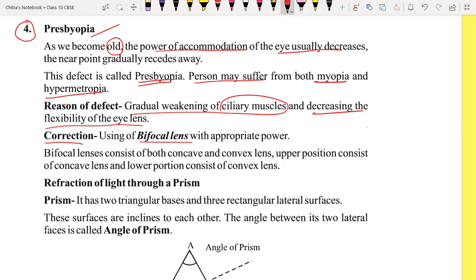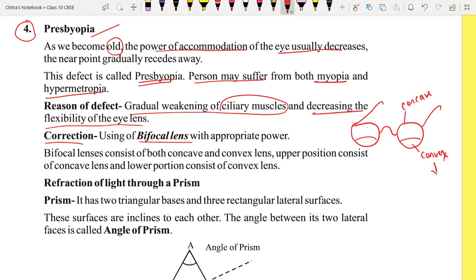Have you seen Gandhiji's spectacles like this? Yes, sir, they have both convex and concave in them. At the lower portion the convex lens is present, and the upper part has the concave lens. So down is convex, and the upper portion is concave.